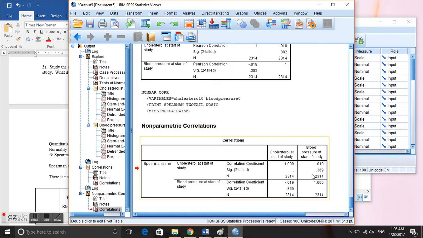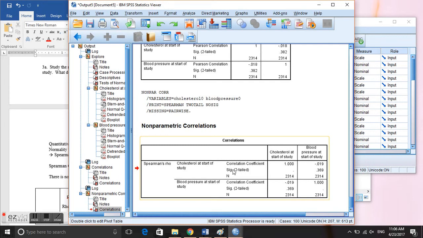And we can see that the correlation coefficient is negative 0.019. Remember, the closer it is to 0, the less strong is the linear correlation. So we can say that there's not a linear correlation between these two because this is very close to 0.